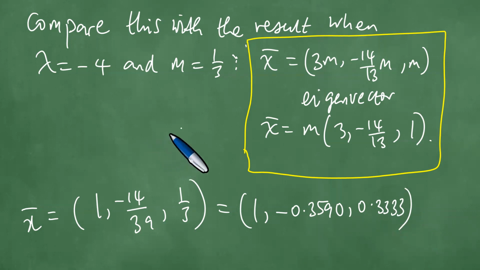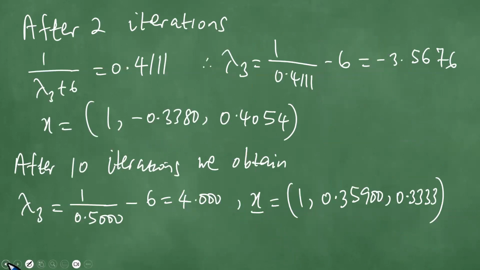Compare this with the result when x bar is this. Let's check. Obviously, you can see that after 10 iterations, we got 1 and then this.